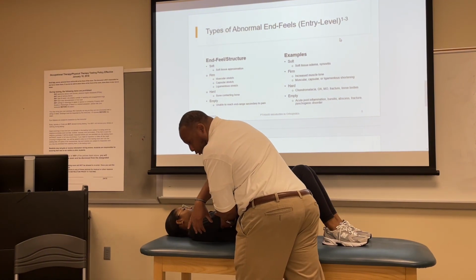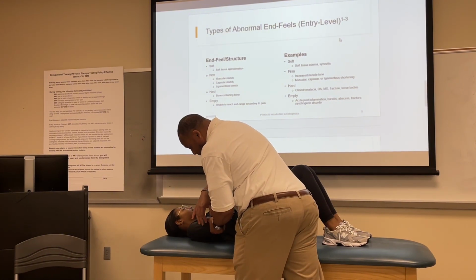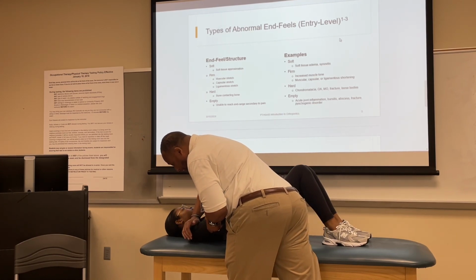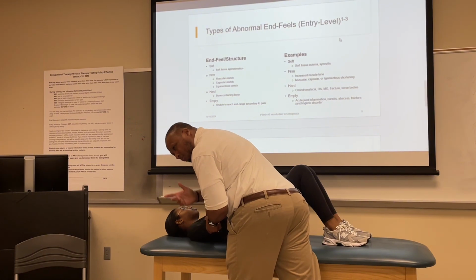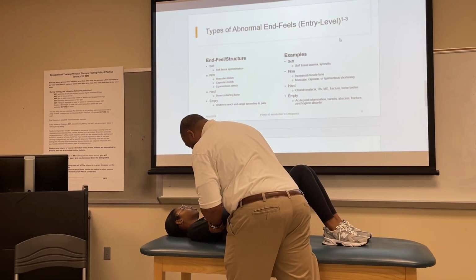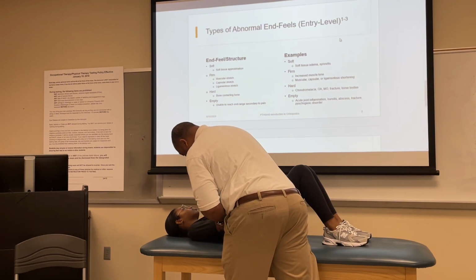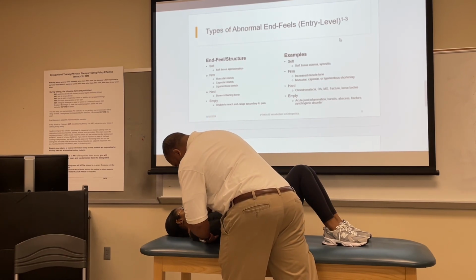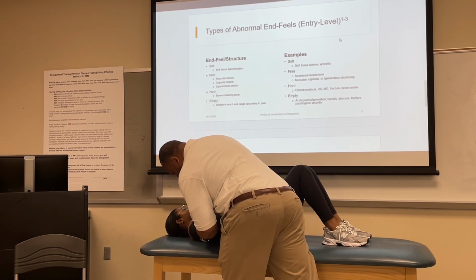Normally I have a towel roll under here, slightly abducted, about 55 degrees of abduction, according to the textbook. I'm looking at her posterior glide. That feels good. I come back, stabilize right here, and assess her anterior glide.